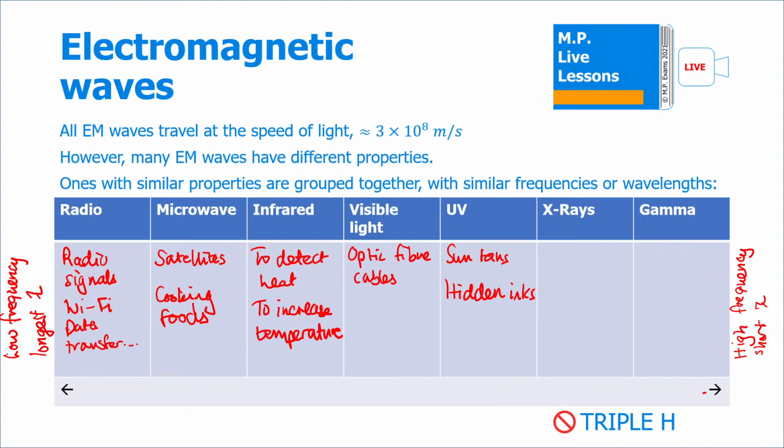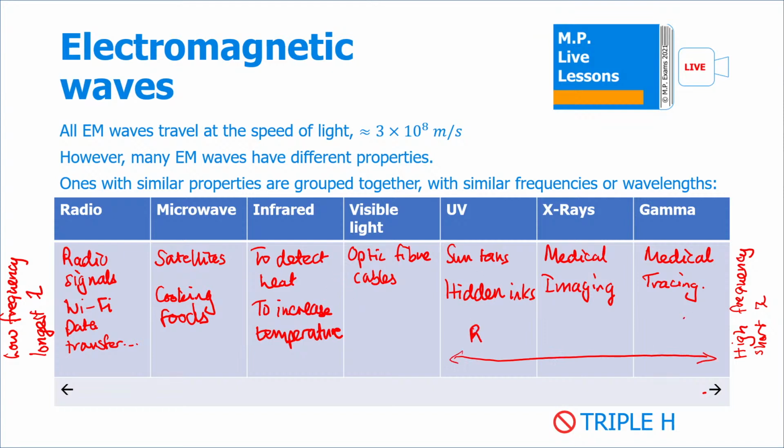Now, X-rays and gamma rays are used in medical backgrounds, like imaging, and so on. So just remember these three have a risk of developing cancer. So this depends really on the dose.